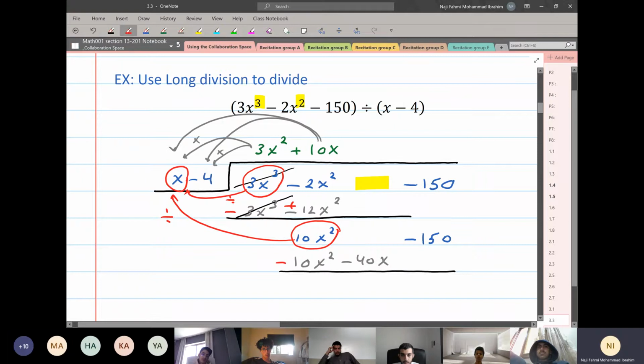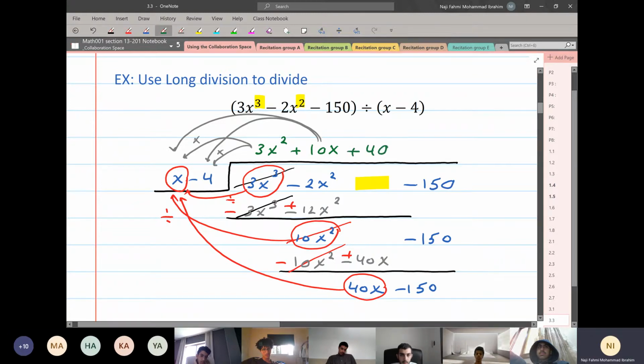Of course, now we need to subtract. Subtract means we have to change the signs. We can cancel now these, and what remains? 40x minus 150. One more time, I will take the leading term and divide it by the leading term. 40x divided by x is 40.